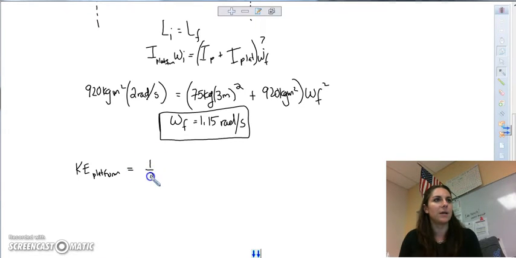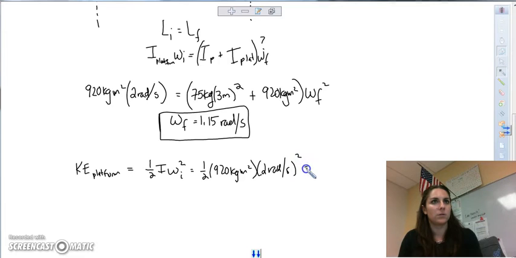Well, the initial is just the platform, which is what I meant to say. So it's going to be 1/2 I omega squared, and this is the initial case. So I get 1/2 times 920 kilograms meters squared times the initial omega squared. So 1/2 times 920 times 2 squared gives me 1840 joules.